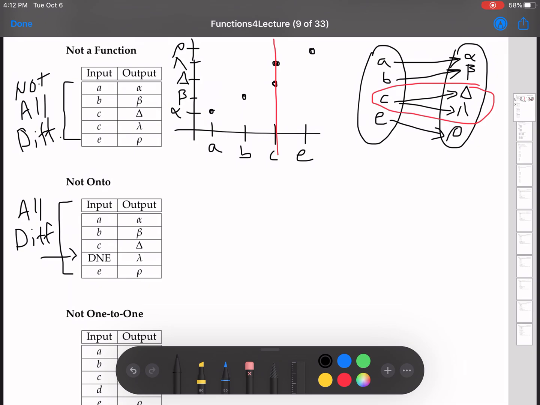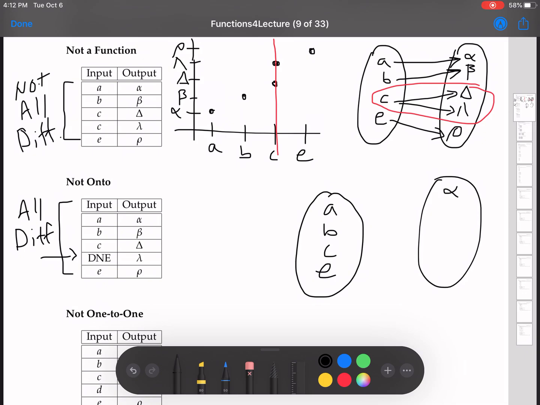So what does this look like? A, B, C, and E, and over here we've got alpha, beta, delta, lambda, rho.